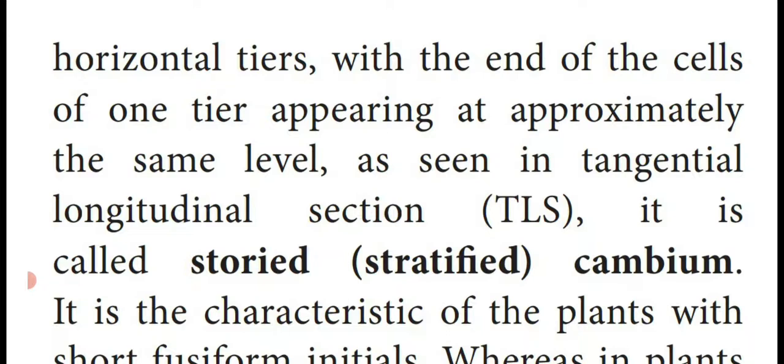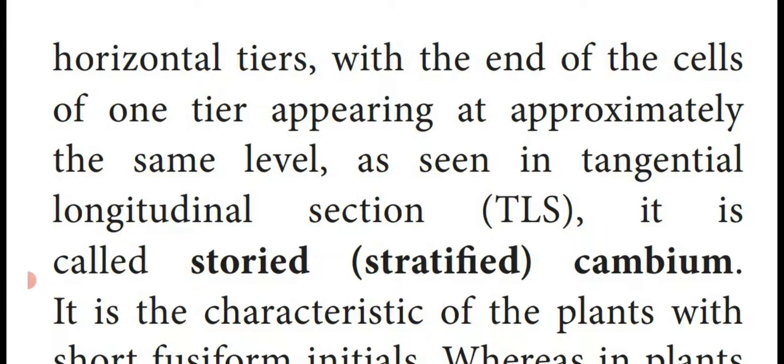With the end of one cell appearing at approximately the same level as another tier, as seen in the tangential longitudinal section, it is called storied cambium.